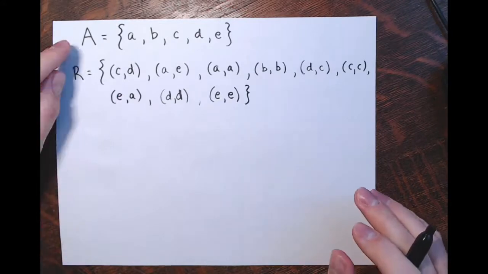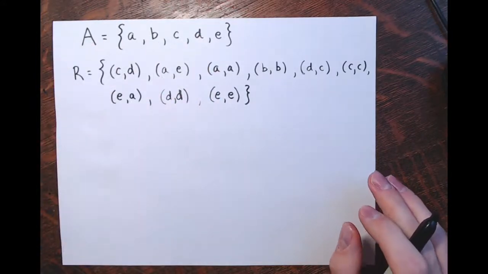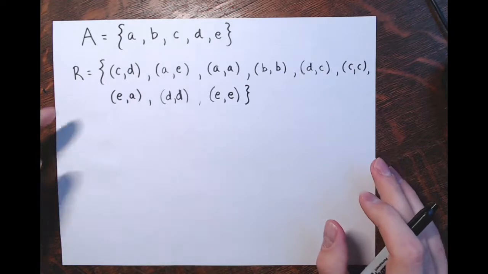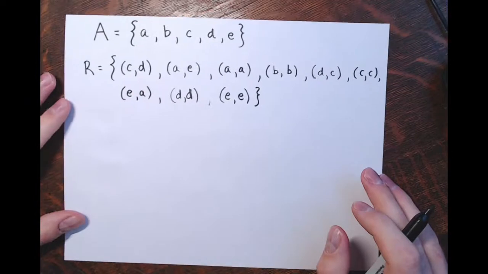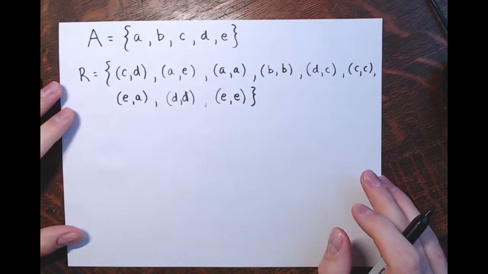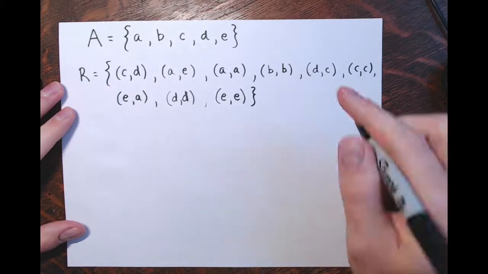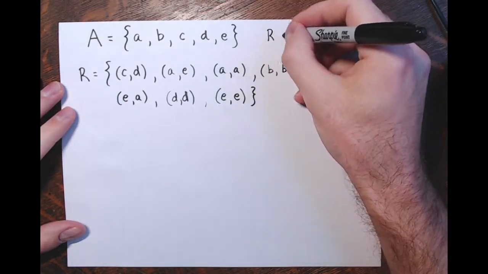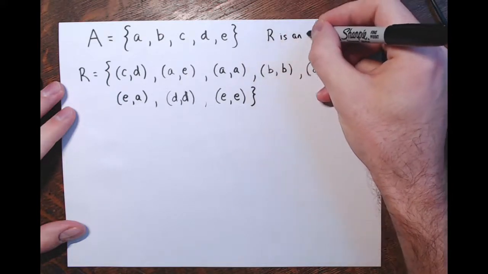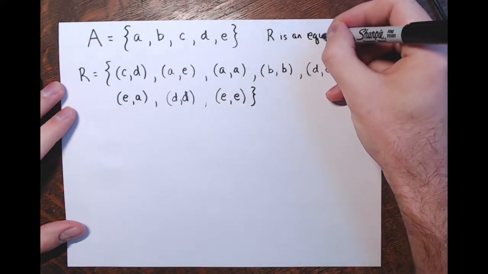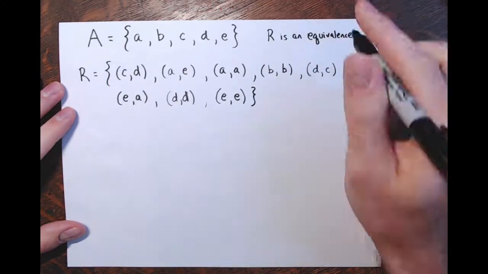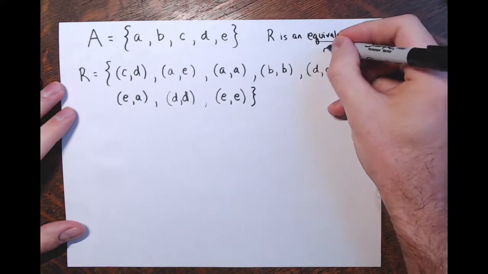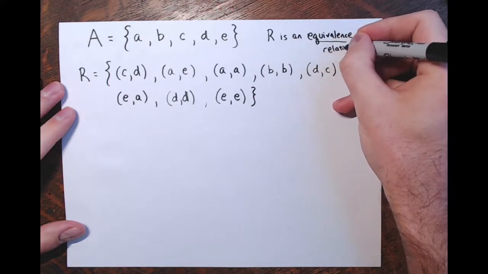They gave us this set A with elements A, B, C, D, and E. And they gave us R, a relation on set A, a set of ordered pairs where every component is coming from set A. Now they told us that R is an equivalence relation. You can go through and verify that: is it reflexive? Is it symmetric? Is it transitive?